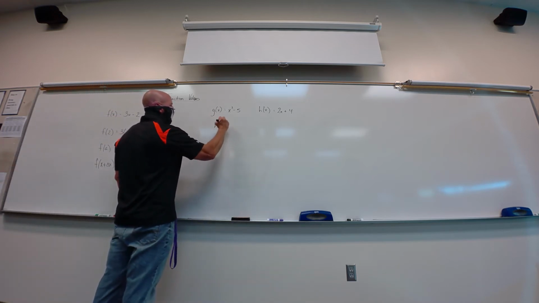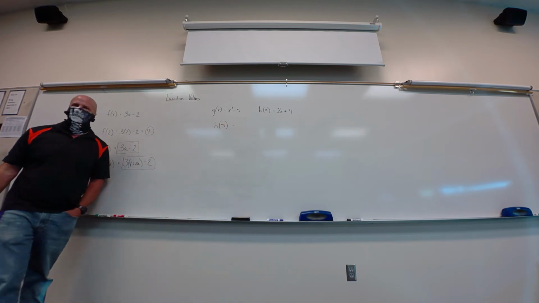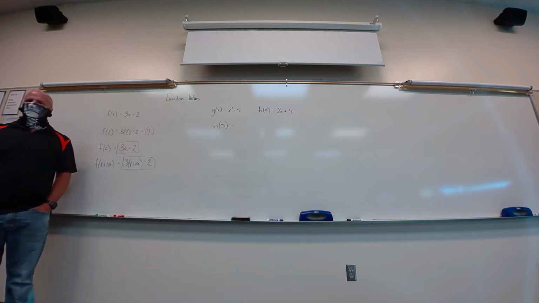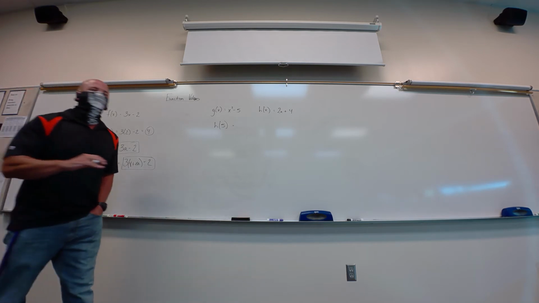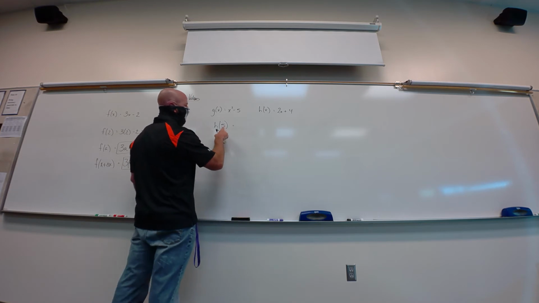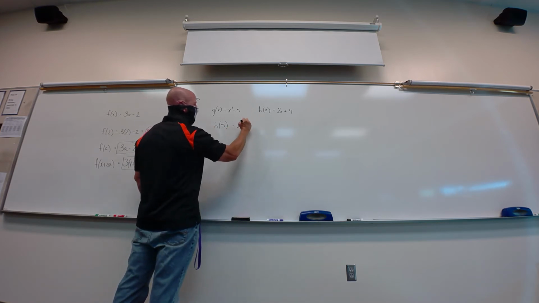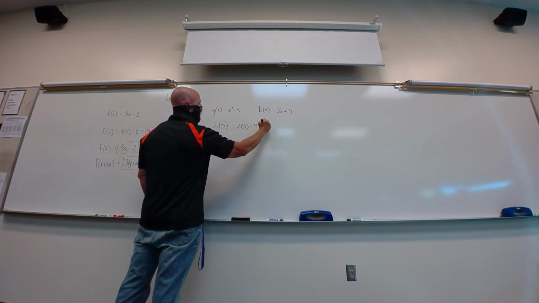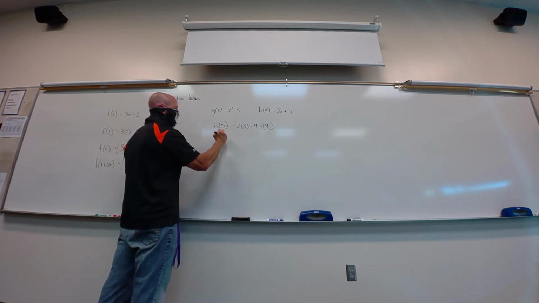What do you think h of 5 would be? 14. So we're going to put the 5 into the h function, right? So this was a mapping. You know you're substituting 5. This was telling you to go over here. So 14. So then what's g of 5?